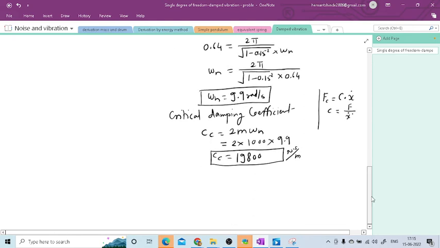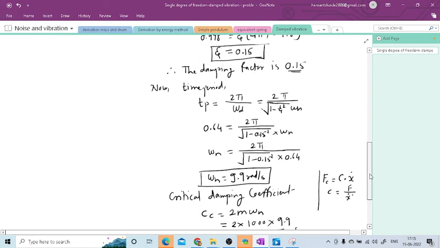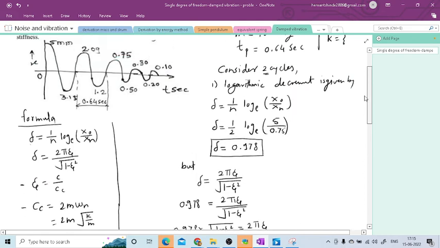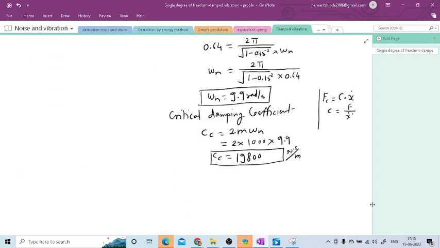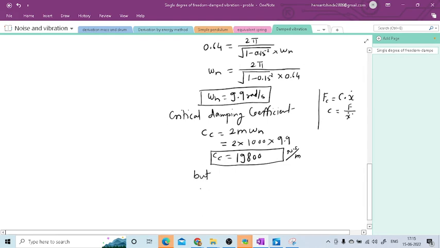So this is the unit of damping coefficient. We got the critical damping coefficient, but actually we want the value of C, the damping coefficient. Now we can write the formula of zeta. Zeta is nothing but C by Cc. We have zeta as 0.15 and Cc as 19800.